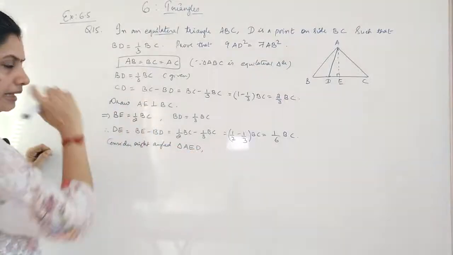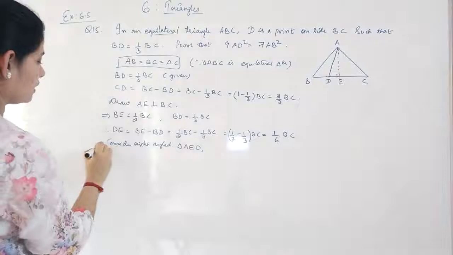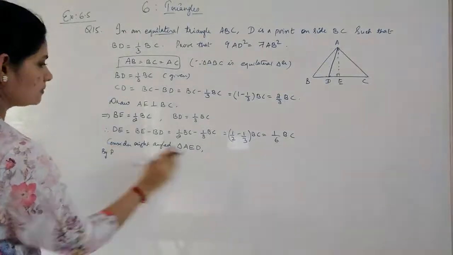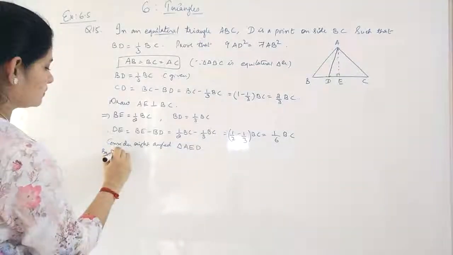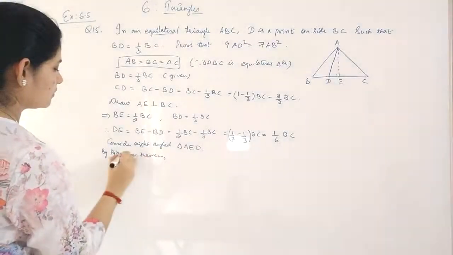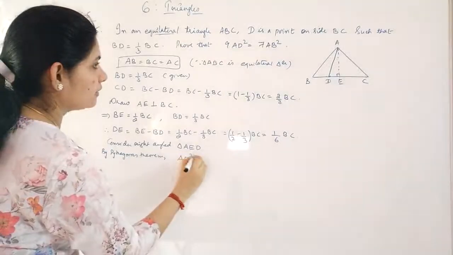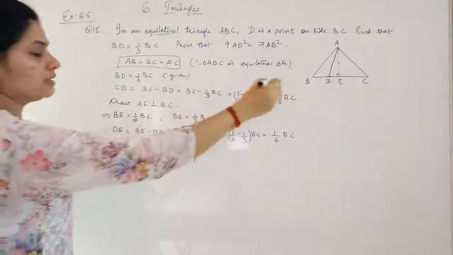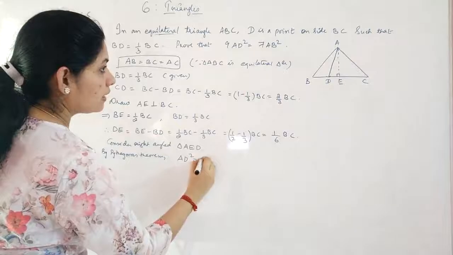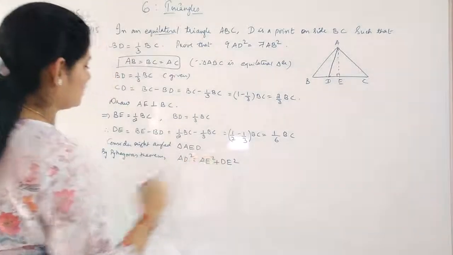Since it has a right angle, we apply Pythagoras theorem. So by Pythagoras theorem, you'll get AD square, hypotenuse square, is equal to AE square plus DE square.